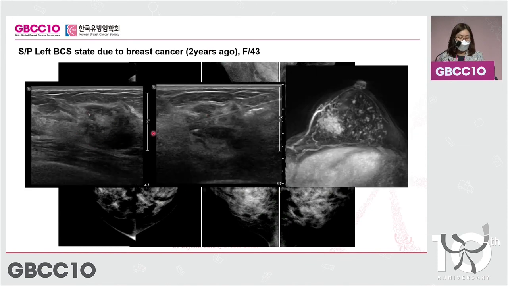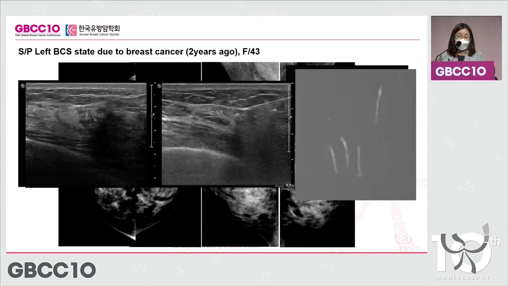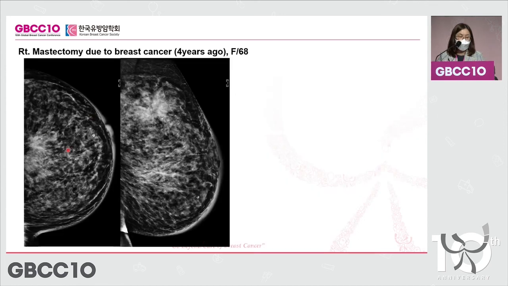And this patient showed this mass in the mammogram and also in the MRI. So we followed up on a regular basis. And more recently, we can see that a small mass was found using an ultrasound. So if you do a regular follow-up using ultrasound, these calcifications or the small breast lesions can be found.